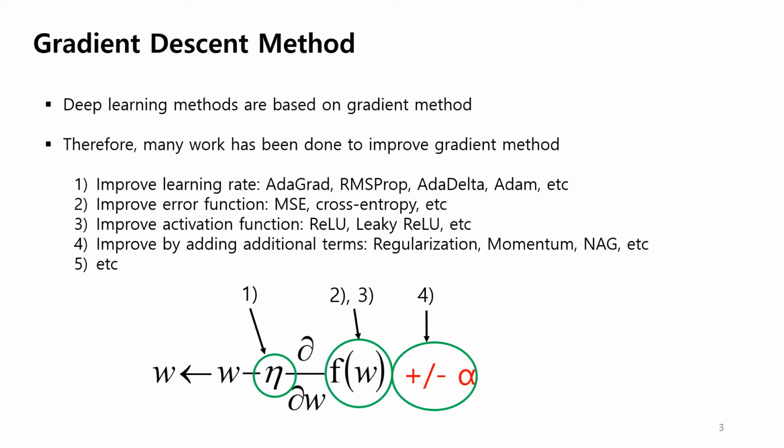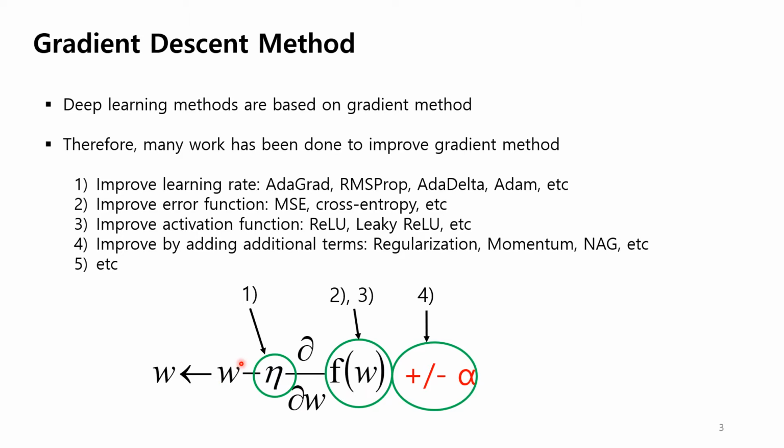So people improve this basic gradient descent method in many different directions. If you take a look at this basic form of gradient descent, this part is the basic formula of gradient descent. Let's say W is the parameter of your method.